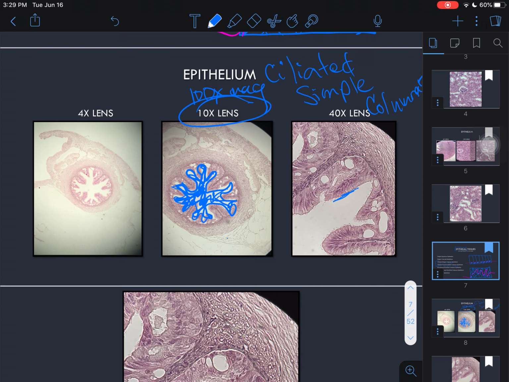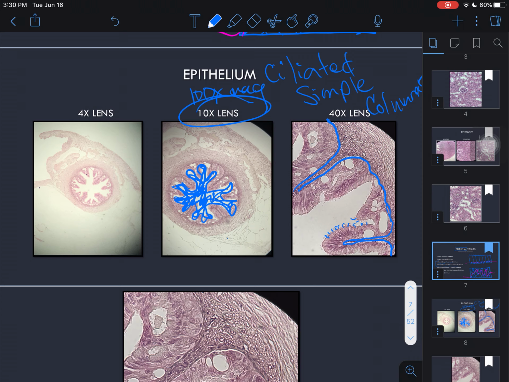This layer right here that faces the lumen, this is going to be our apical side, and this part down here that faces this other tissue is the basal layer. On our apical layer, you'll see our cilia, which are going to be found on both of these types of tissue, right?